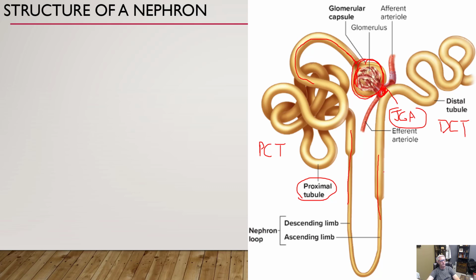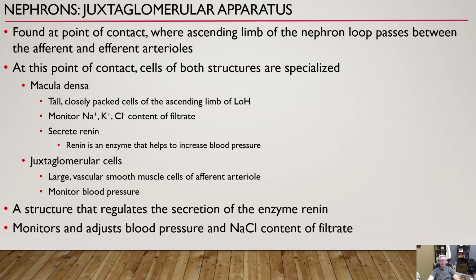So we bypassed the ascending loop of Henle, and we have this junction of the nephron back up into the glomerulus. That's the juxtaglomerular apparatus, where that ascending limb passes between the afferent and efferent arterioles in the renal capsule.